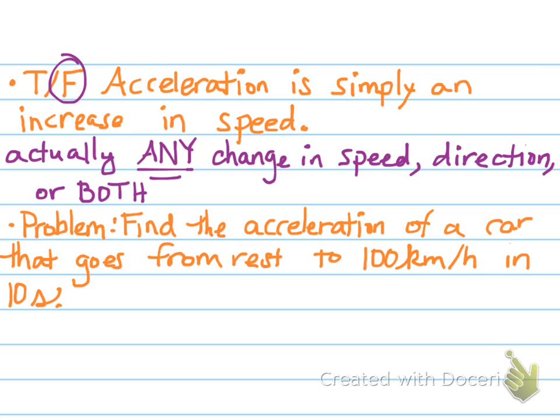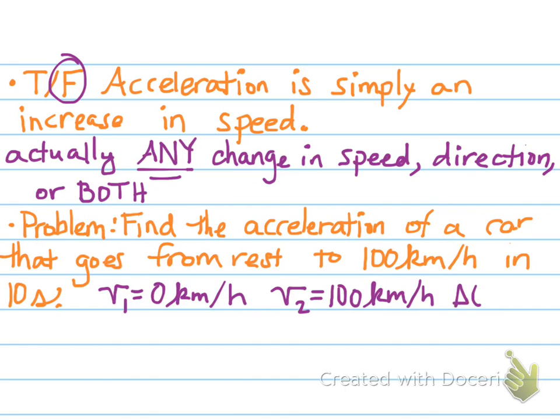Again, I like to pull out the information. So I know that my initial velocity is 0 kilometers per hour because it's at rest. My final velocity is 100 kilometers per hour. And I know that my time interval is 10 seconds.